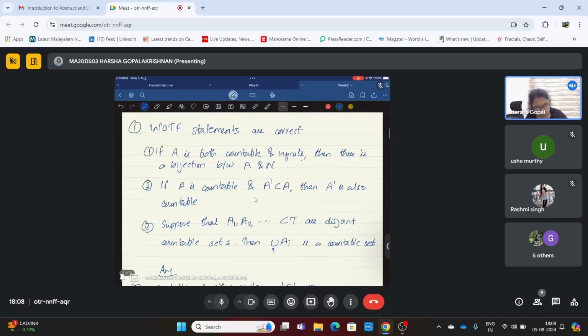So what about the second one? If A is countable and A dash is a subset of A, then A dash is also countable. Is this true or false? Anyone?